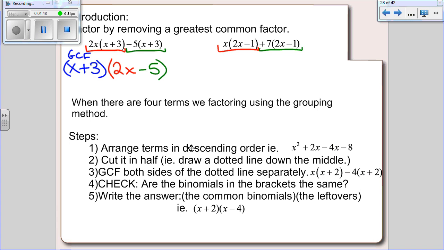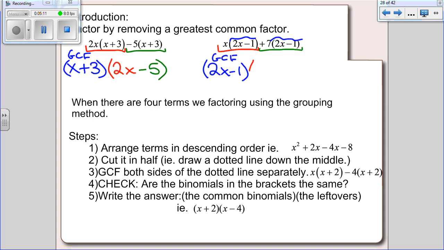What's in both of them? There's a 2x minus 1 in both of them. See right here and right here. So we call that our GCF. If you were to take that 2x minus 1 out of both things, what would be left in the red?